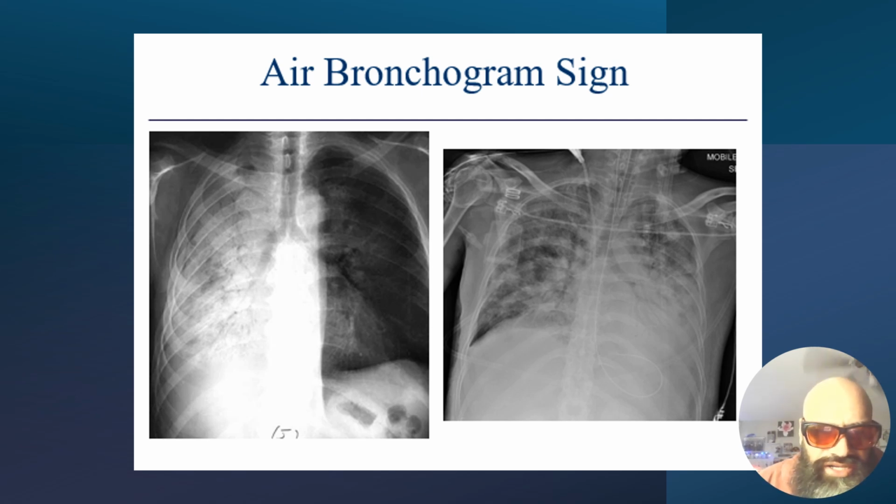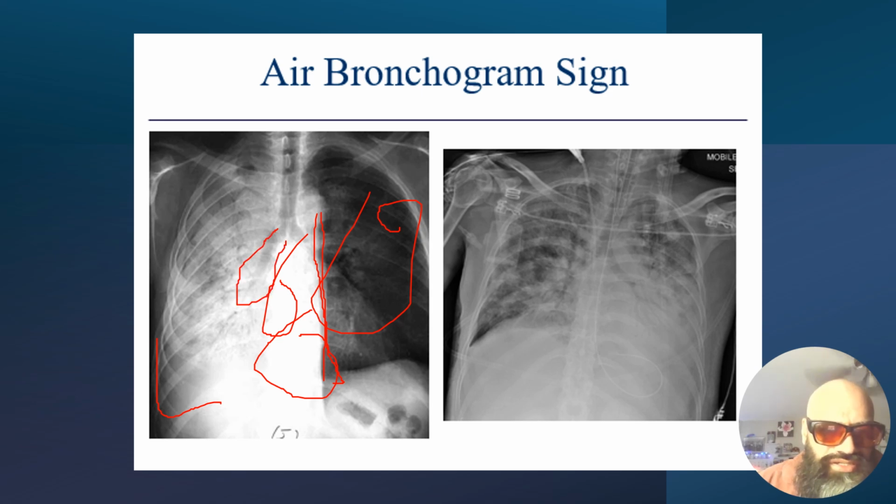We have a clear line of demarcation here. We call this, as we discussed earlier, an air fluid level, where air is all black and fluid is all white. Complete loss of cardiac border, obliterated costophrenic angle here. Cardiac border is completely gone. And we have air bronchogram sign right in here. You can actually see the trachea and the carina right here as well.